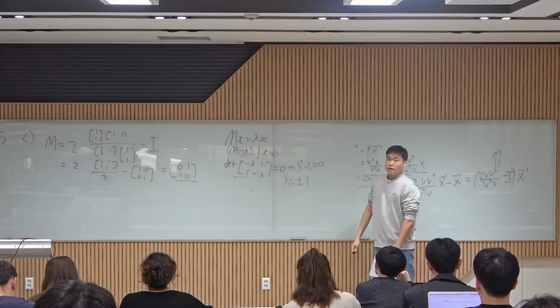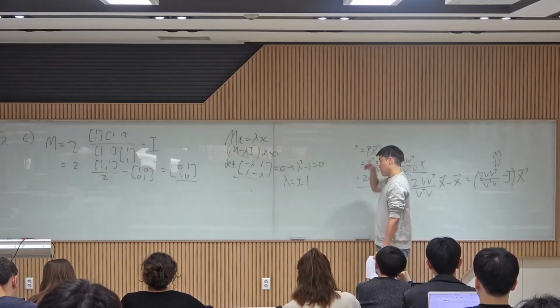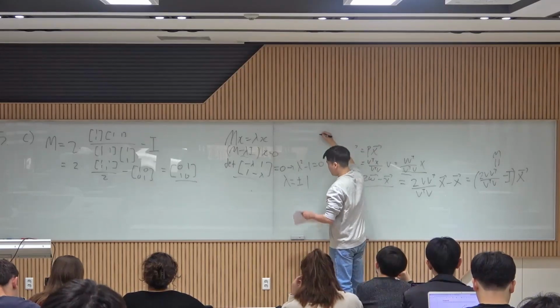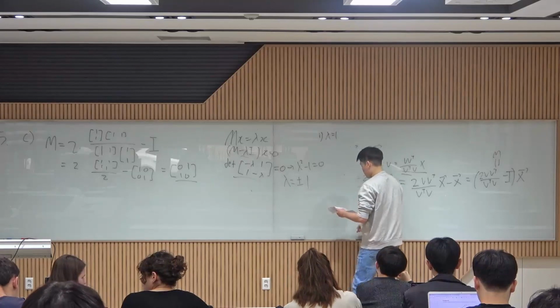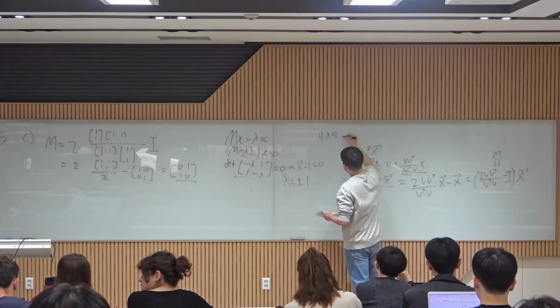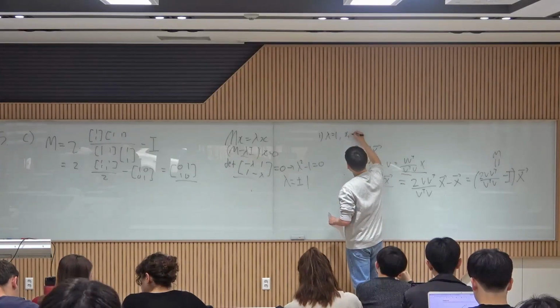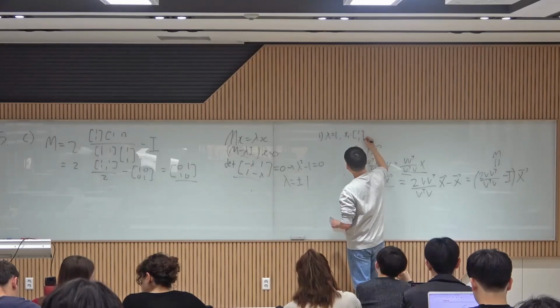Then we find the eigenvectors for each eigenvalue. For lambda equal to 1, we have the eigenvector (1, 1).